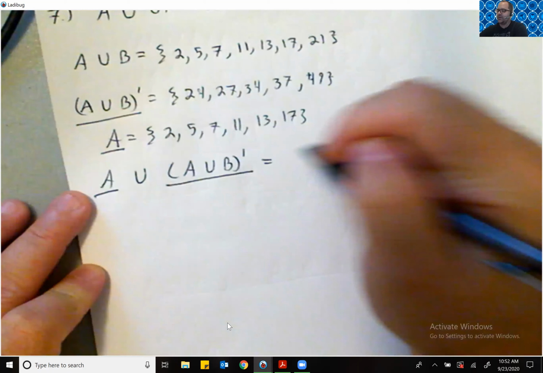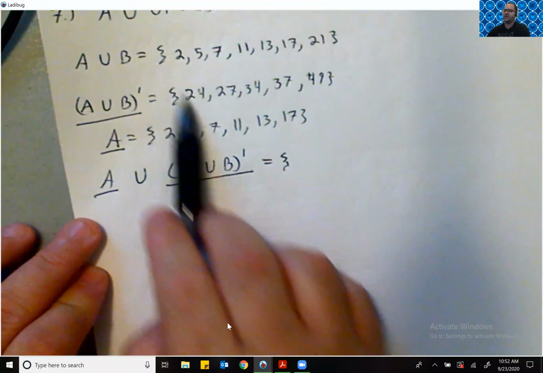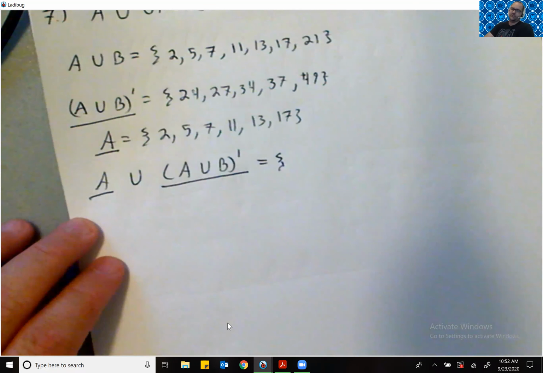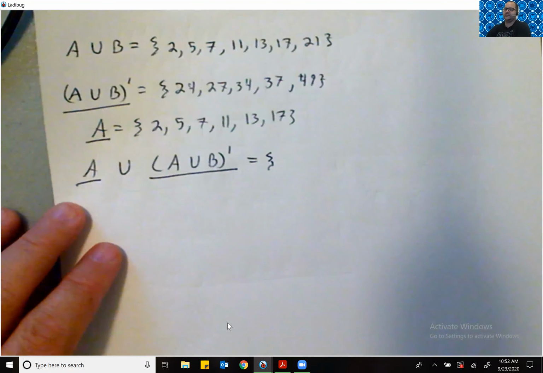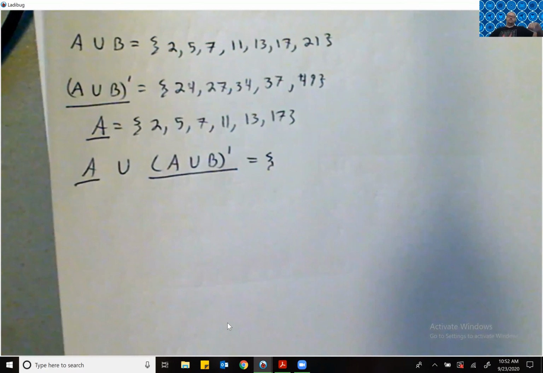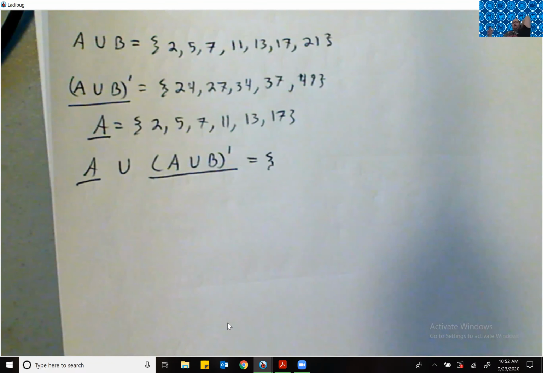So I need the union between these two sets. Tell me what it is. What is the union between these two sets? Well, the two sets don't really have any numbers in common, do they? Well, but we're not asking for in common. What does union want? Just put them all together. Just give them to me all.